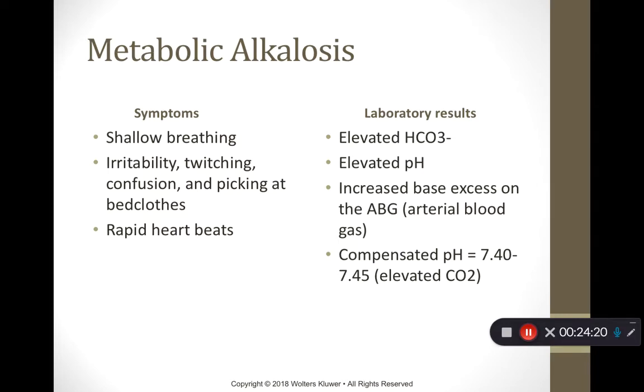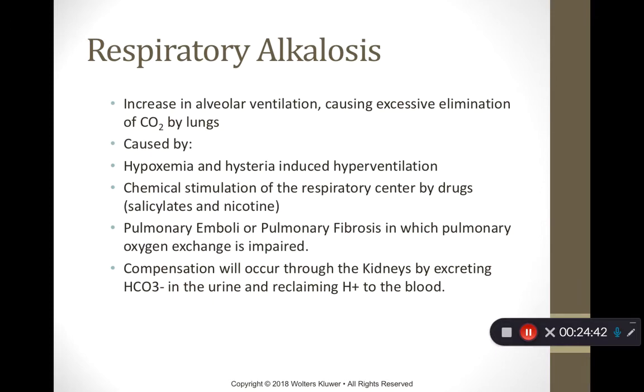The lab result will give you elevated levels of bicarbonate, an elevated pH, increased base excess on arterial blood gas testing, and the compensated pH would be 7.4 to 7.5. The next condition is your respiratory alkalosis, which is an increase in alveolar ventilation, causing excessive elimination of CO2 by the lungs.